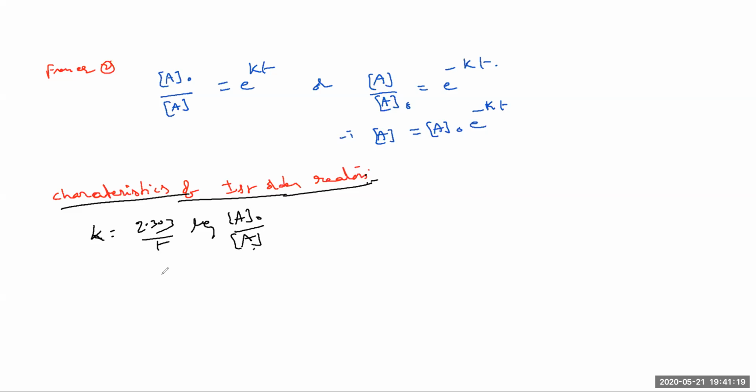From that it can be expressed as log a is equal to minus kt by 2.303 plus log of a naught. Then by solving you will get this: y is equal to mx plus c. Here slope is negative, right?